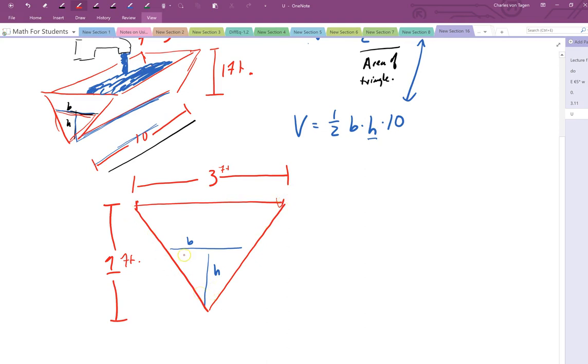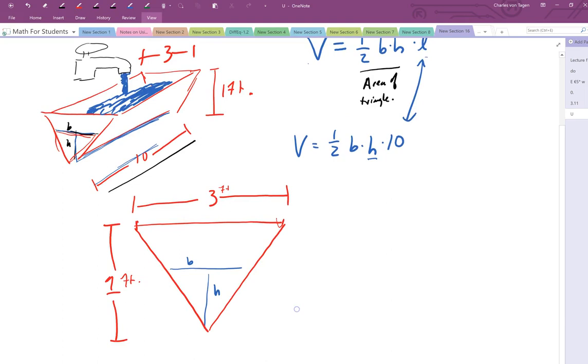Water then fills into the trough, forming a similar triangle. So we're going to take advantage of this similar triangle idea to help us represent the variable b in terms of h. This is a clever substitution trick, and like I said, these problems get a little bit harder as we go, mainly because of these substitutions.